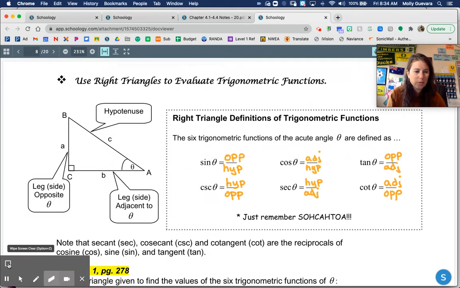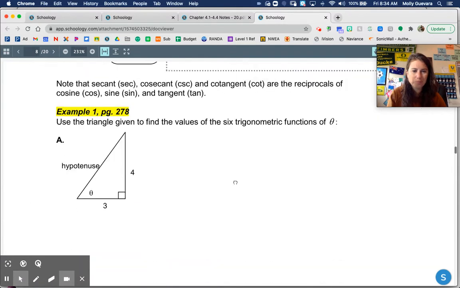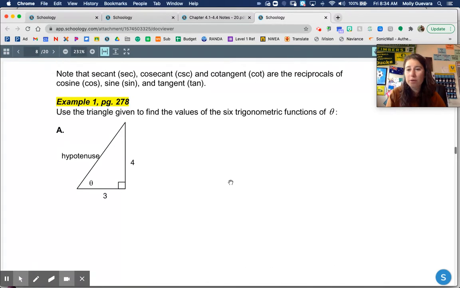So let's do a quick example. Example 1 here, I just want to find all 6 of my trig functions. The first thing that I notice is that I don't know what my hypotenuse is, right? So that's going to be an issue. So I'm going to have to find the hypotenuse. And because this is a right triangle, I can use Pythagorean's theorem to find the hypotenuse.